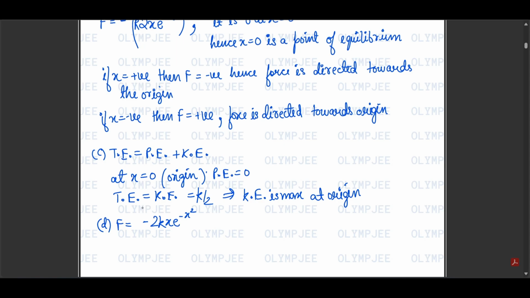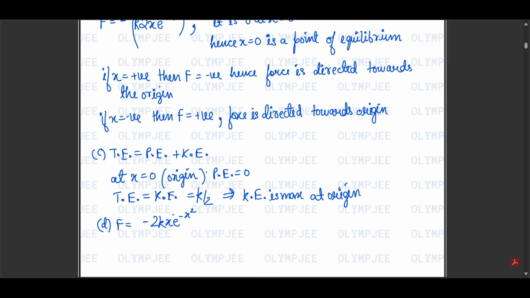So currently it is not looking like simple harmonic motion because it is proportional to x and there is also e raised to power minus x squared, so it is not directly proportional to x. But we can eliminate this term for small displacement from x.